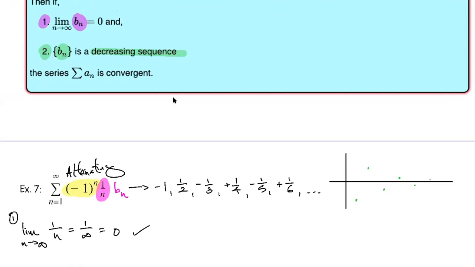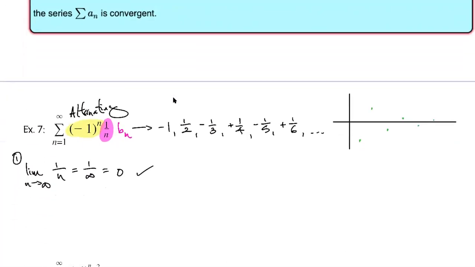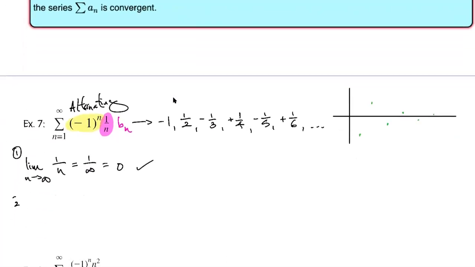Now, since we found that the first step is 0, we go on to the second step. Is b sub n, just the 1 over n part, a decreasing sequence? That means we want to compare 1 over n to 1 over n plus 1. We've done these kind of comparisons quite a bit.